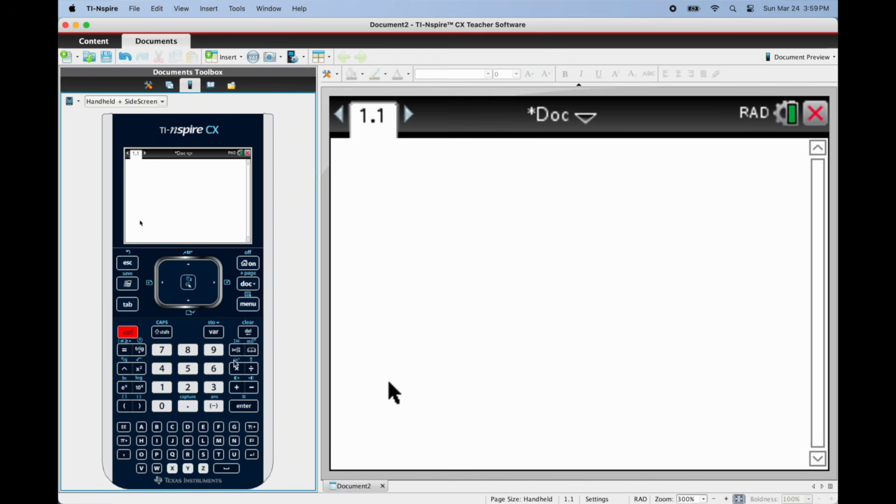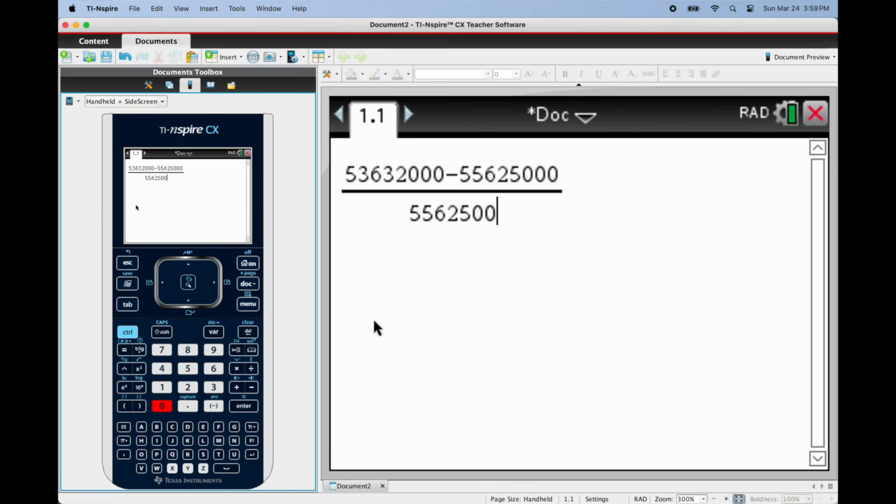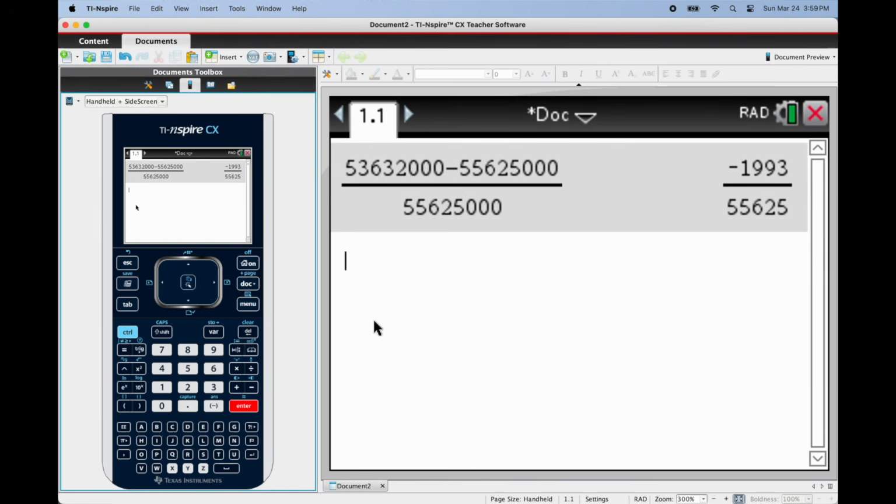Let's set up a fraction. 53,632,000 minus 55,625,000, and then we'll put this over our exact value, 55,625,000. All right, and this is giving us a value that is a fraction.